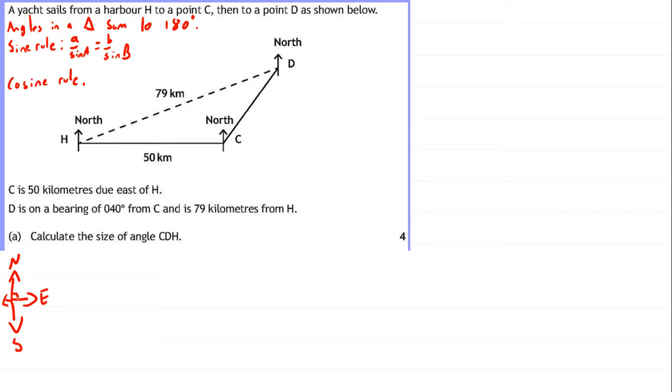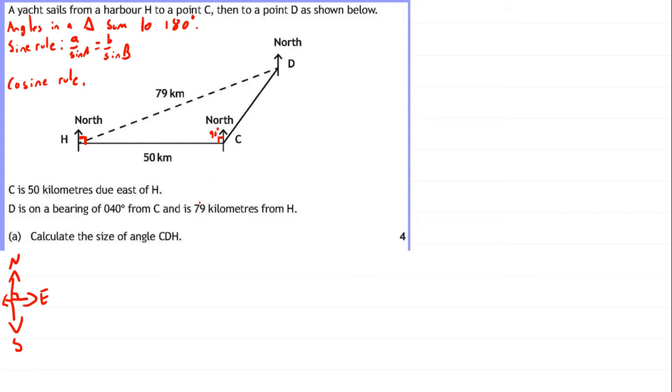This is exactly at a right angle. So it's worth bearing this in mind that this big angle I've marked in red is a right angle. And that means that this is also a right angle as well. Okay, which is 90 degrees. So that angle there is 90 degrees.